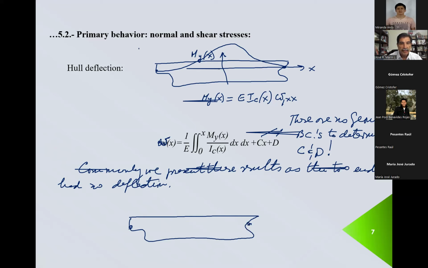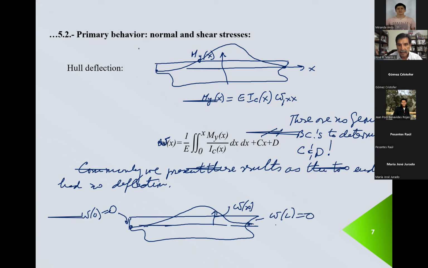We have an integration. What we do is we assume that W at 0 is 0, and we assume that W at L is 0.